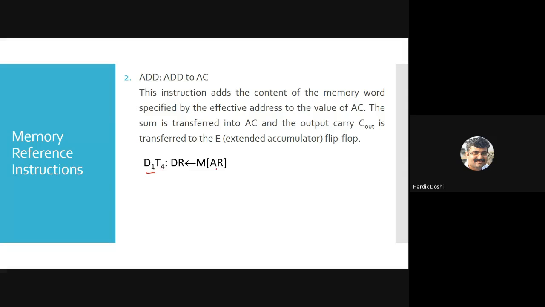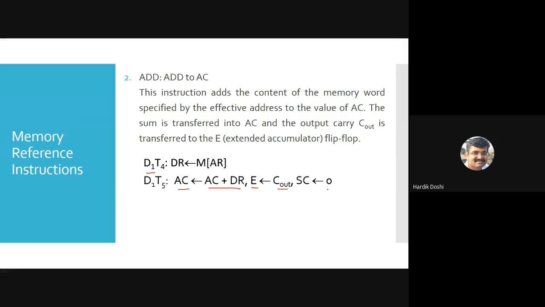Then the content of memory is transferred to DR. Then at D1, T5, AC is added with DR and result is stored in AC. If any extra carry Cout is generated, that is to be stored in the extended accumulator, that is the E flip-flop. And the sequence counter is made to be 0. That means we can say that the instruction is executed completely.